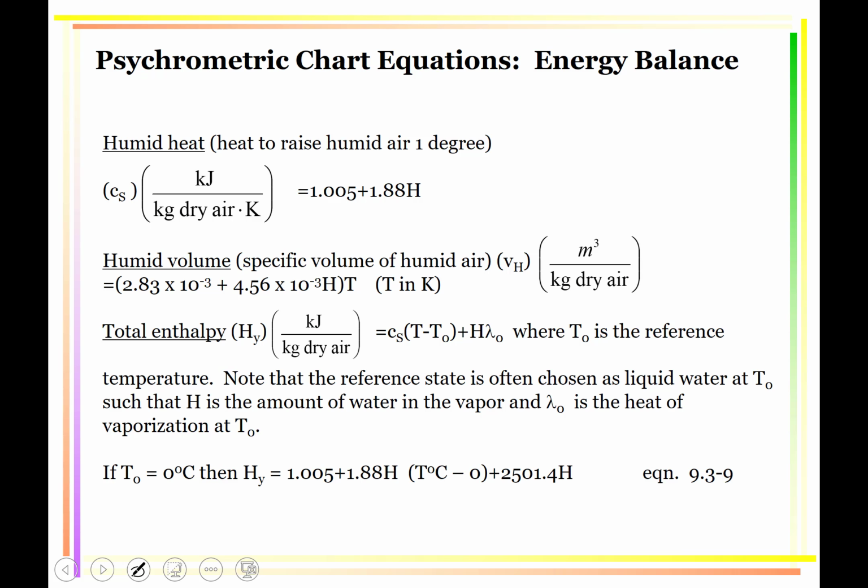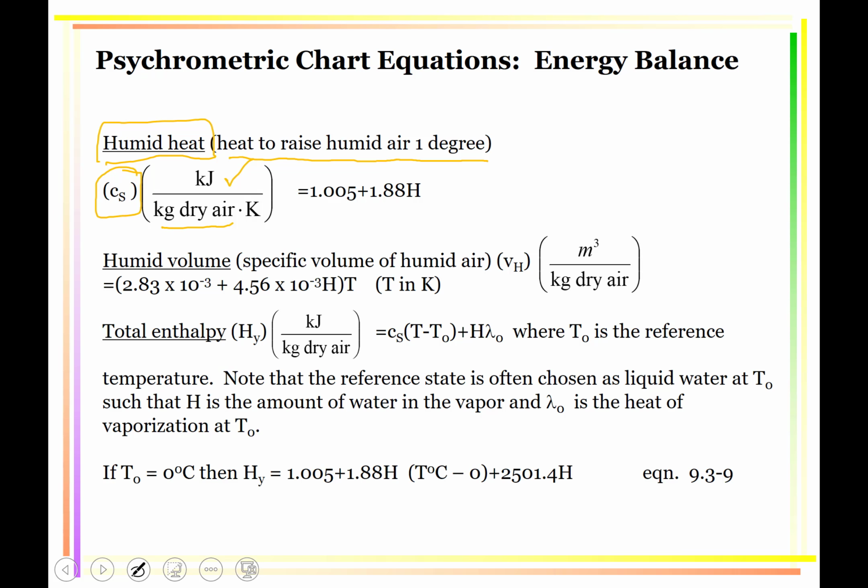Okay. So now, when it comes to doing the energy balances, we have humid heat. The humid heat is the heat to raise the humid air 1 degree. And this humid heat has the small c with a subscript s, and the units are kilojoules per kilogram of dry air times Kelvin.